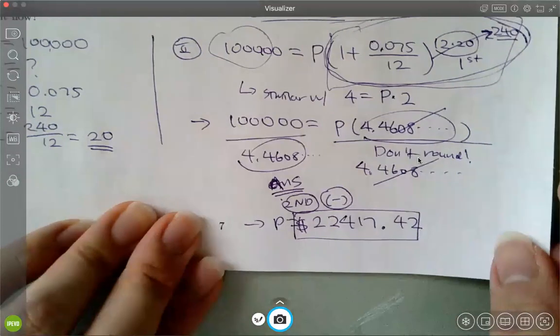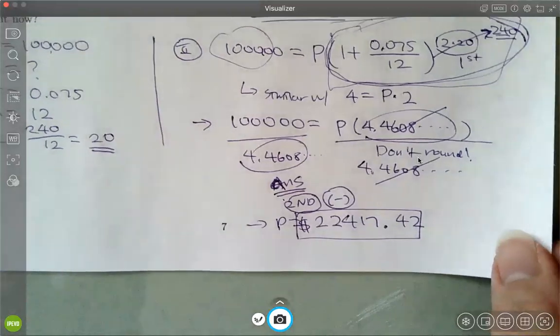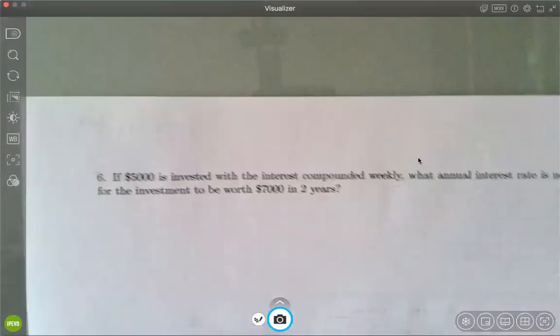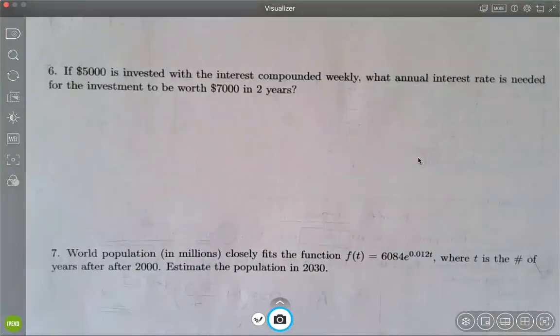Okay, so now that's number 5. And now number 6 actually. So this one is kind of weird and the trickiest among the 3 problems.